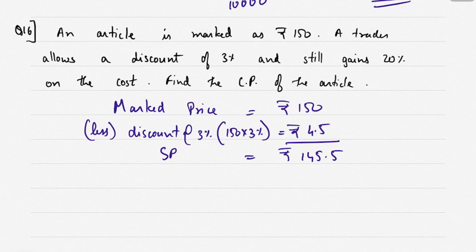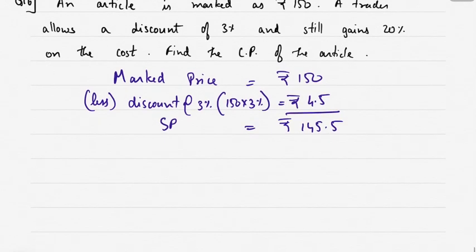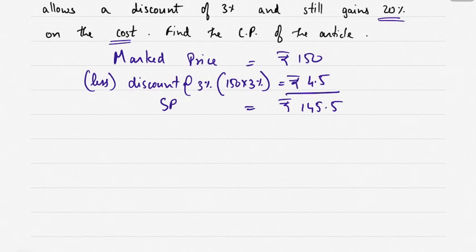Okay, now selling price is 145.5 and still gains 20% on the cost. You know the selling price, you have to find cost. When you know the selling price and you have to find cost, what you will do is, let cost price be rupees 100.